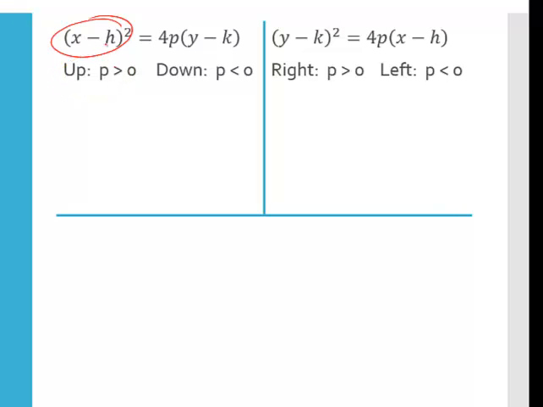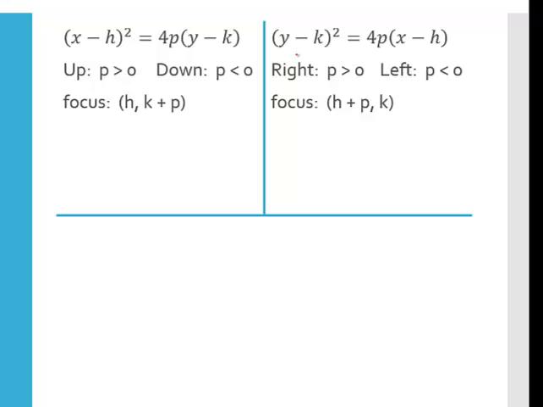Whenever x is squared and p is negative, it's going to open down. So p, given this p here, that's the p I'm talking about. Whenever y is squared and p is positive, it's going to open right. When p is negative, it's going to open left.